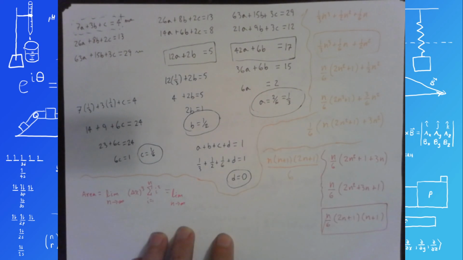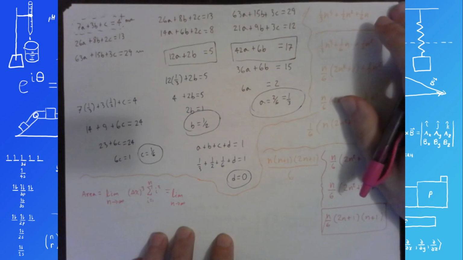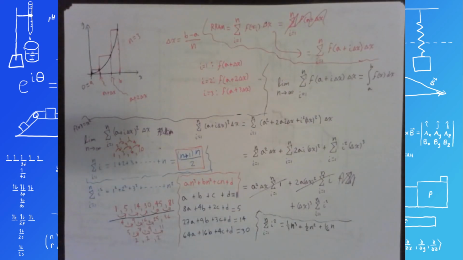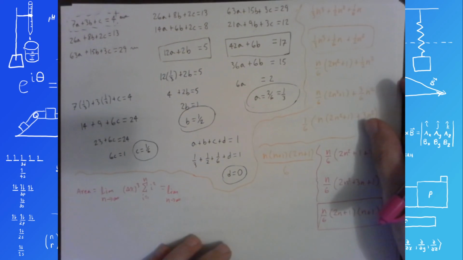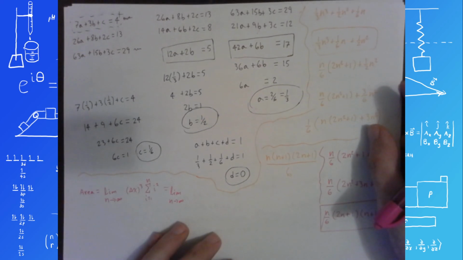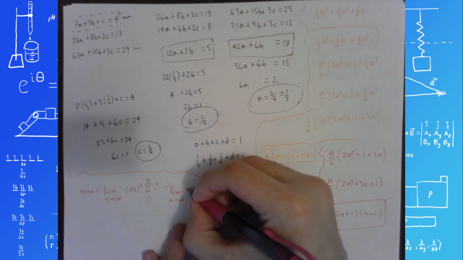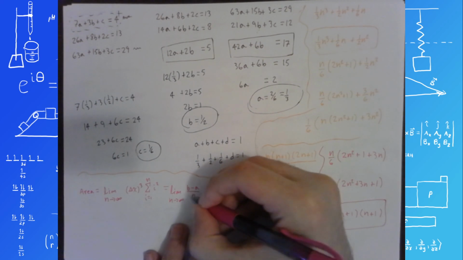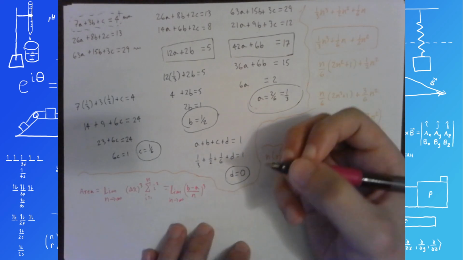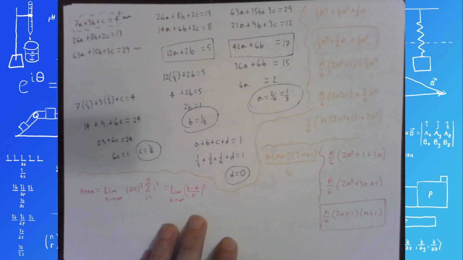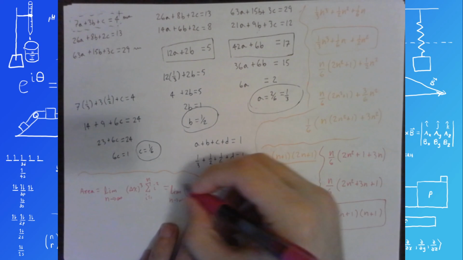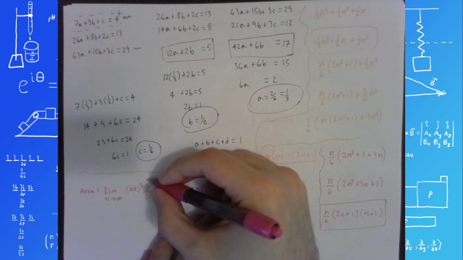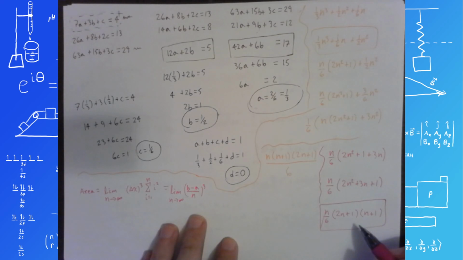delta x cubed. Do I want to expand that now? Do I want to rewrite it as b minus a over n? I think I might as well write it as b minus a over n, the whole thing cubed, times this sum as n approaches infinity. Well, it doesn't even matter what n approaches.